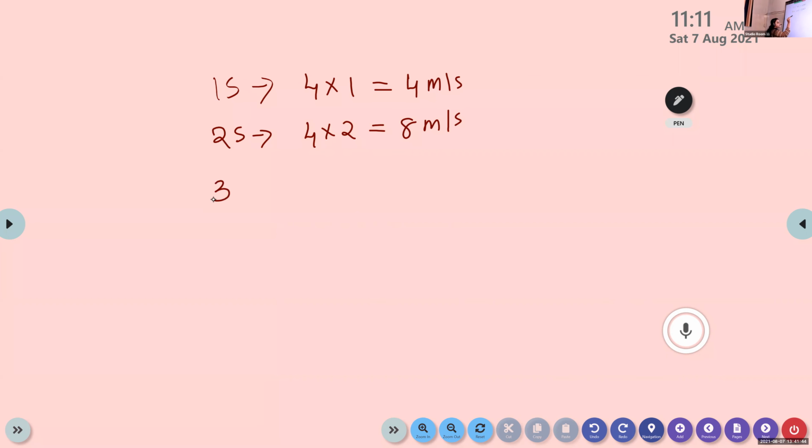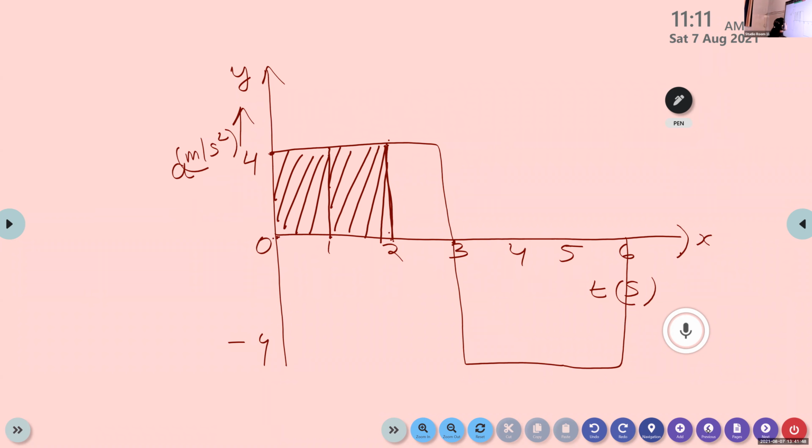Similarly, the velocity corresponding to 3 seconds is given by considering this region, the area under the acceleration time graph corresponding to 3 seconds. Here the length is 3 minus 0, that is 3, and the breadth is 4 minus 0, that is 4.